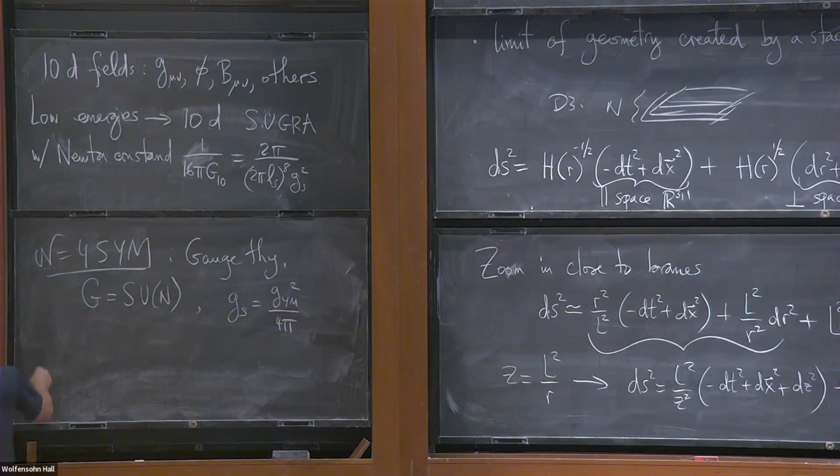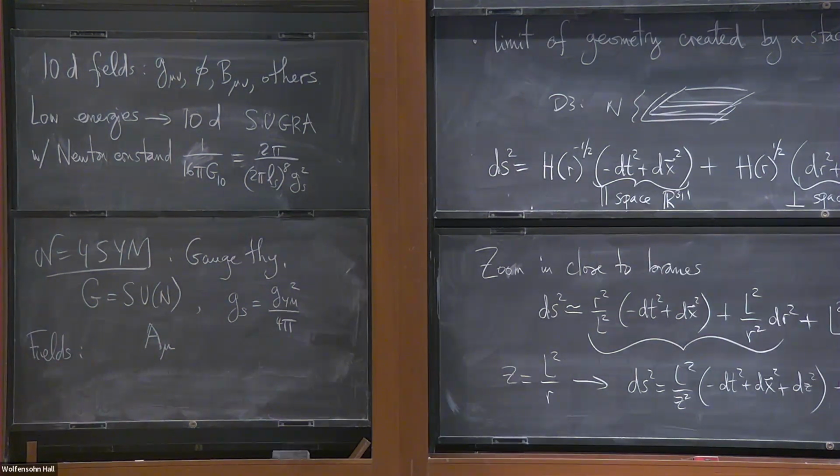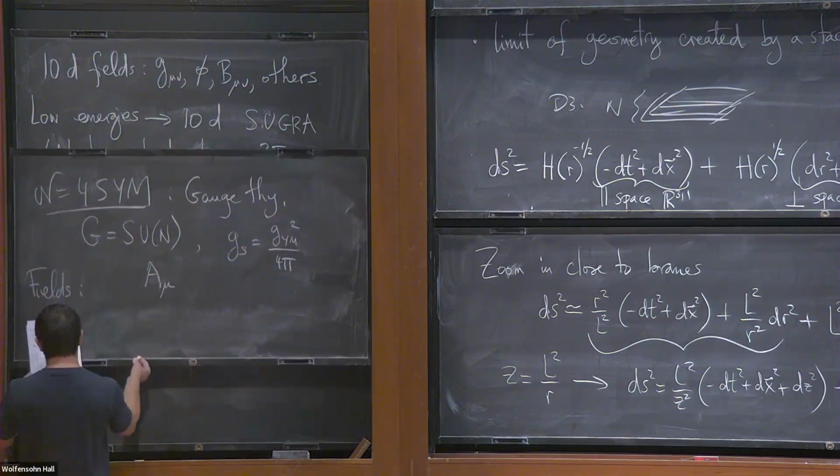So what's the field content? Well, it's a gauge theory, so it has to have a gauge field. So there's a gauge field A_mu. Transforms in what representation of SU(N)? Adjoint representation, good. And the theory has N=4 supersymmetry. So it also contains all the other fields that are necessary to have N=4 supersymmetry. So those are some fermions and 6 scalars.